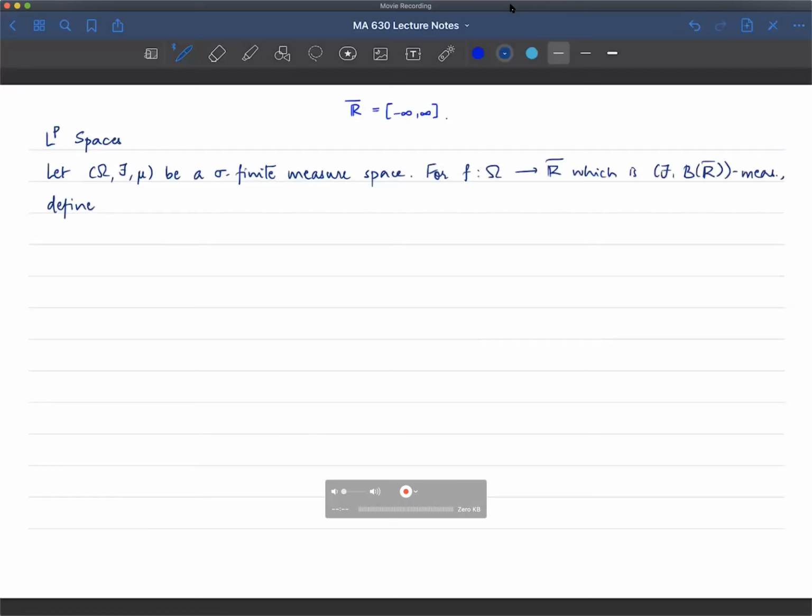Now, before I write this down, when you look at this, you really want to say that this is the norm of f. Once we go ahead a little bit, you will realize that this is in fact a norm. But at this point, when I'm writing this down, it is not clear that this is a norm. However, we will use this symbol in anticipation that this thing is going to be a norm.